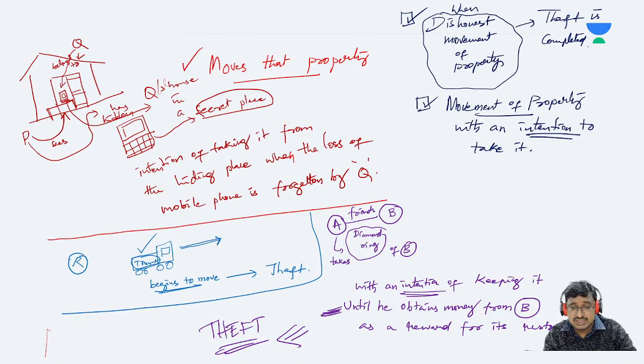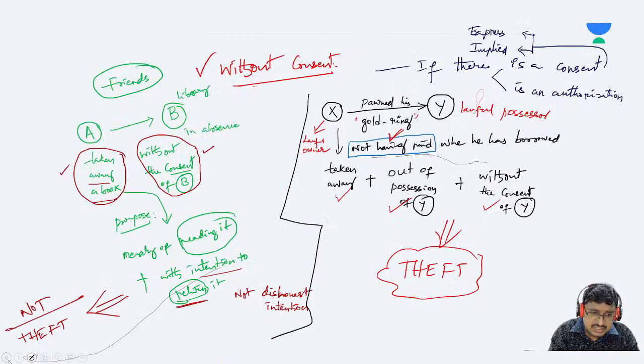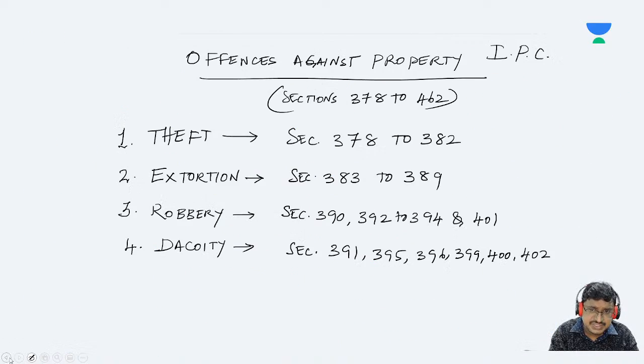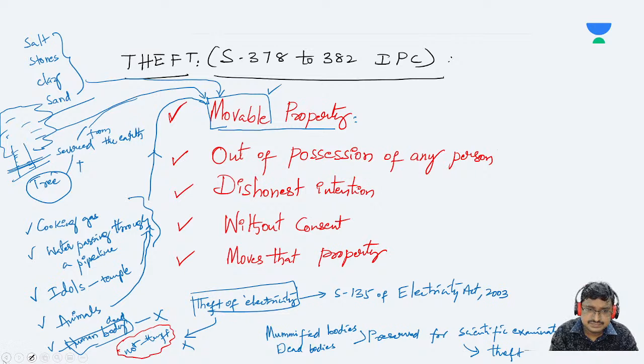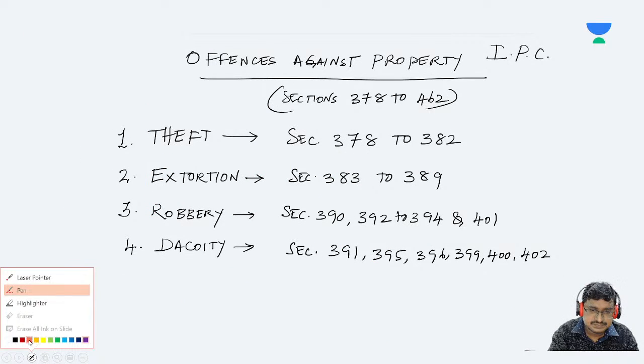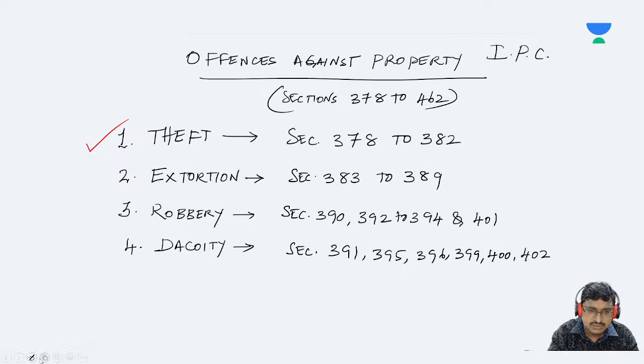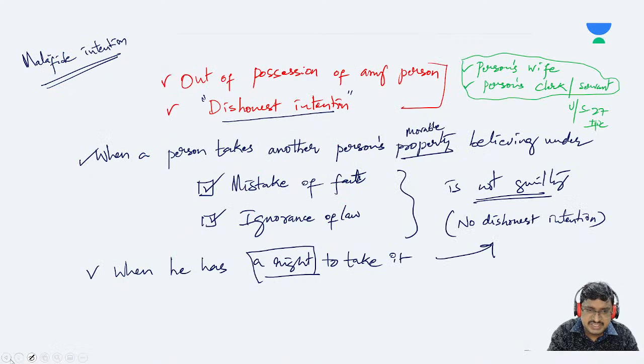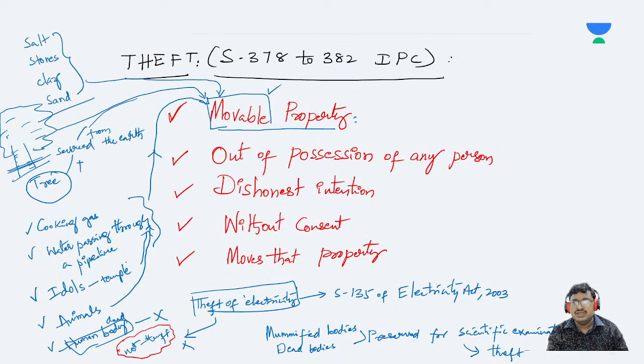This is about the concept of theft. Now, on the basis of these illustrations, in order to constitute the offense of theft, there must be some movable property.